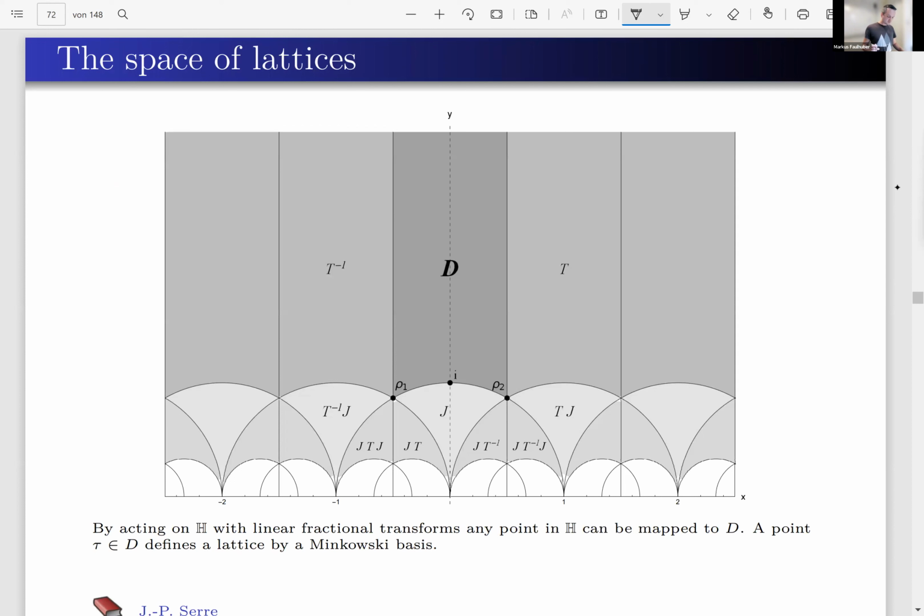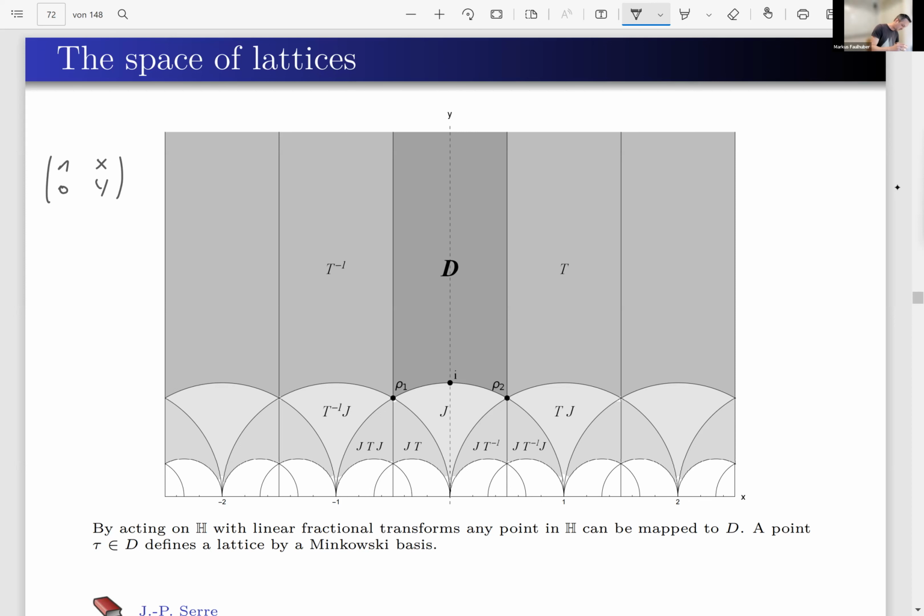The next thing is you need to know a good parametrization of how you can actually explore which lattice is the best. This is where the space of lattices comes in. It is actually just the upper half plane, because this problem is invariant under rotation. So you can always rotate your lattice such that the matrix is like this.